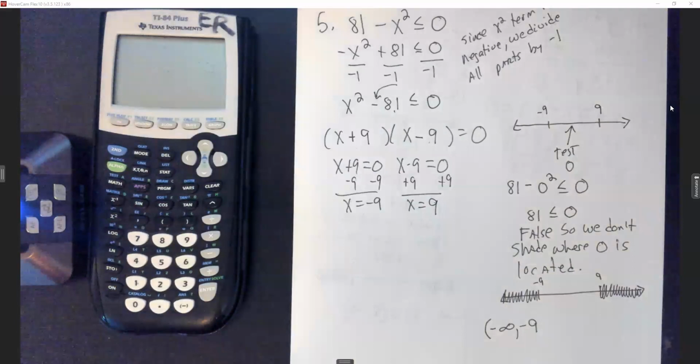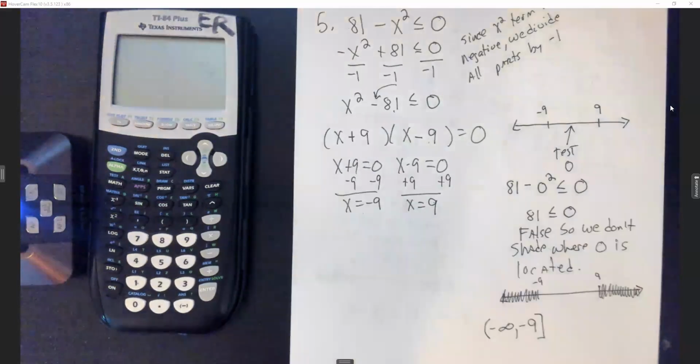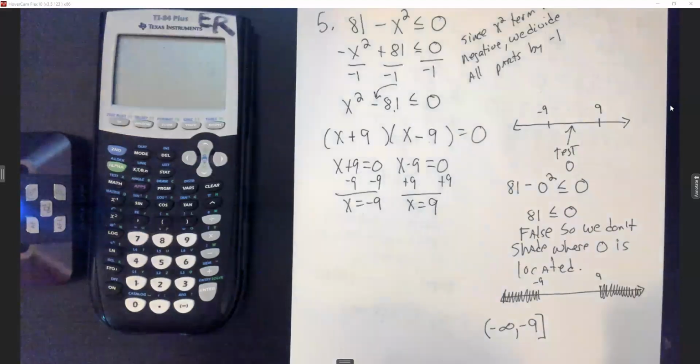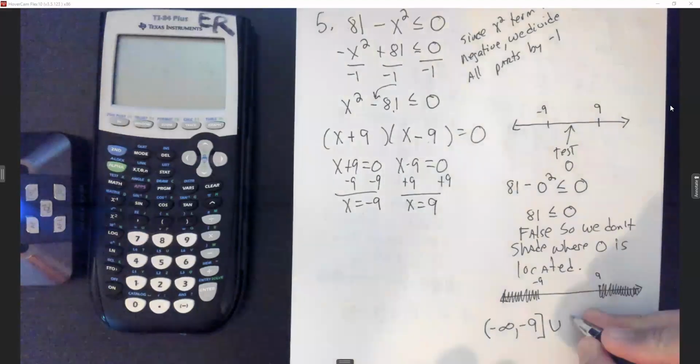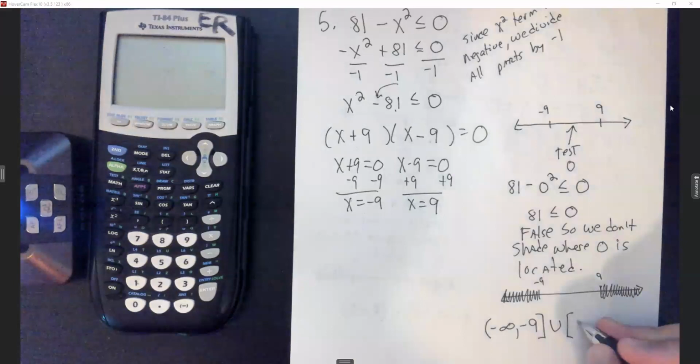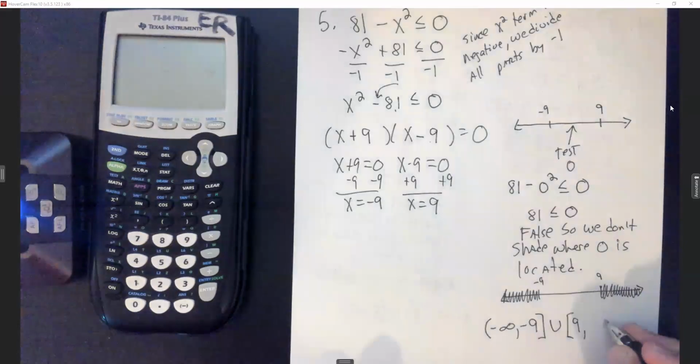A bracket, there you go. Was that a telling me or asking me? Both, kind of a little bit both. Okay, good job. And then your union from the +9 in the bracket until you hit positive infinity.